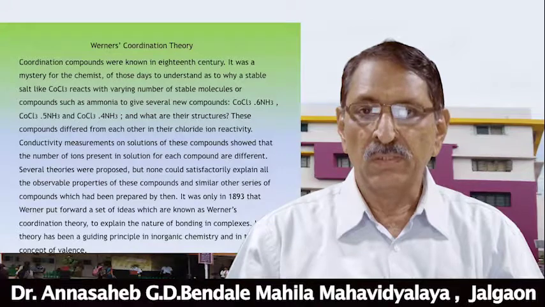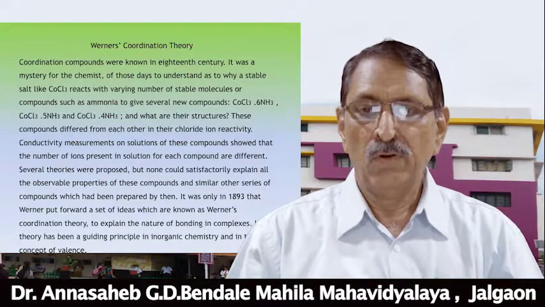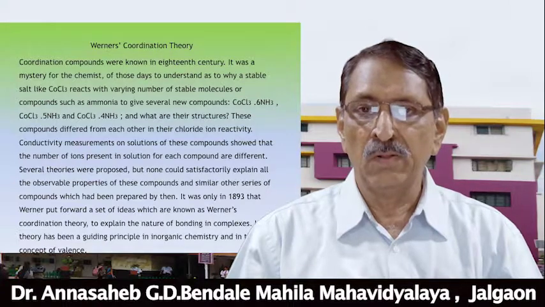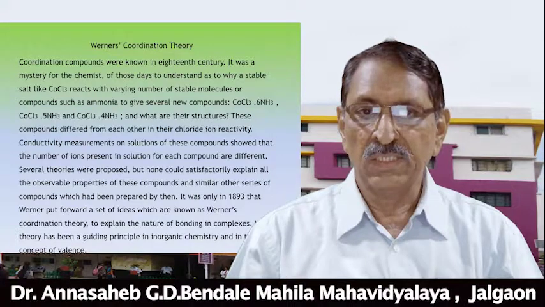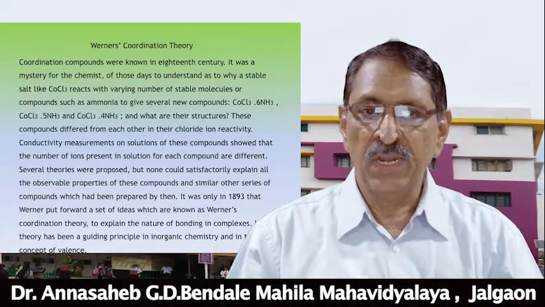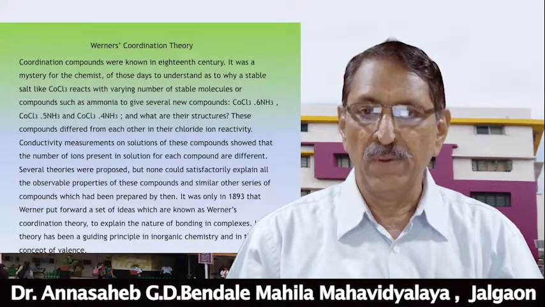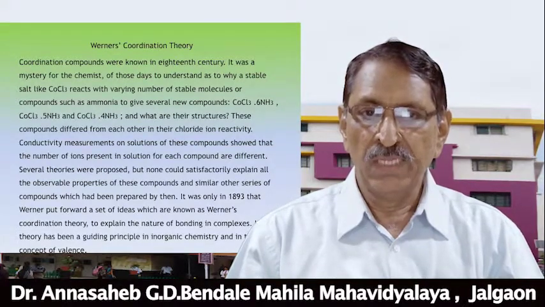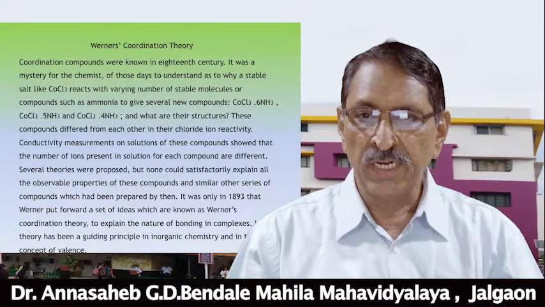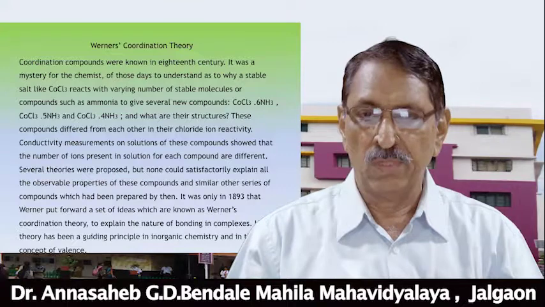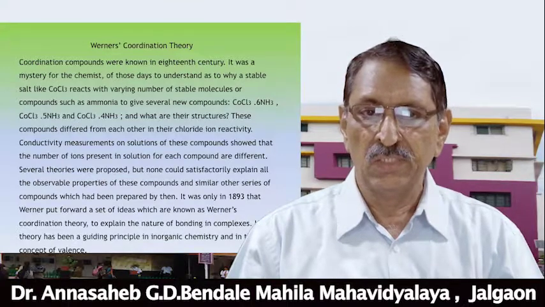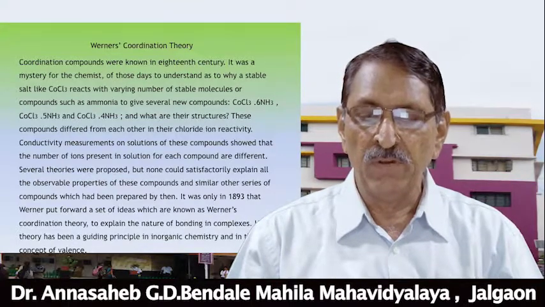And what are their structures? We do not know. These compounds differ from each other in their chloride ion reactivity, and conductivity measurements on solutions of these compounds show that the number of ions present in solution is different for each compound. Several theories were proposed, but none could satisfactorily explain all observable properties of these compounds and similar other series of compounds which had been prepared by then.